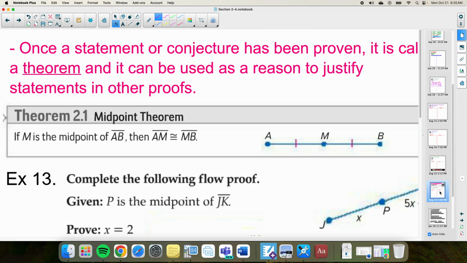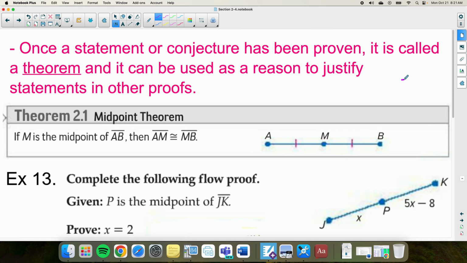Today, what we're gonna do is go to this page right here. This right here is on your cheat sheet, okay? So, one of the things that we're gonna talk about today is midpoint theorem.